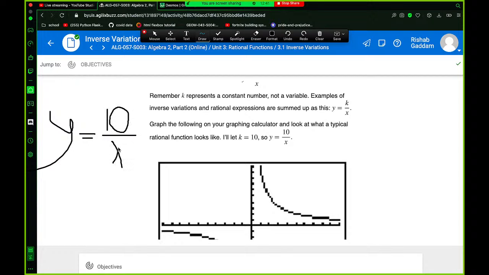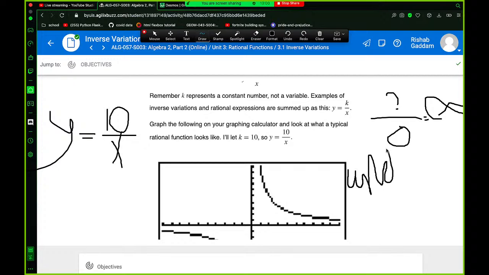You guys know how anything divided by 0 does not have an answer, right? It's like infinity, kind of, or undefined. So that's why that happens. I'm just trying to write undefined.